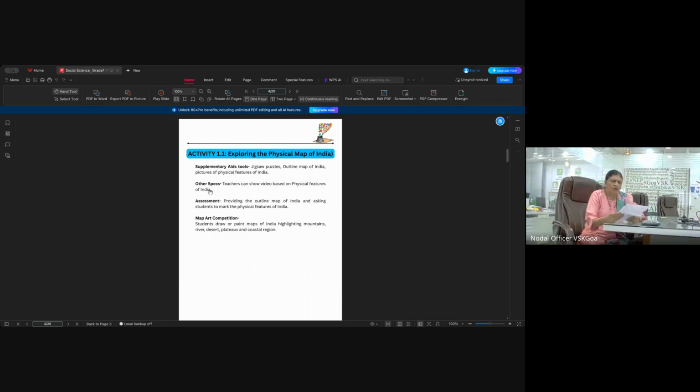About the natural or physiographic divisions of India. Here, the main focus is that the learner will know how India is divided into different physiographic divisions. And it's totally up to the teachers to conduct this activity.